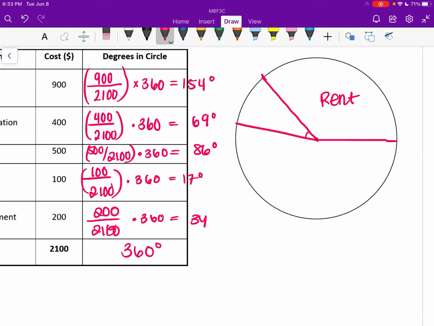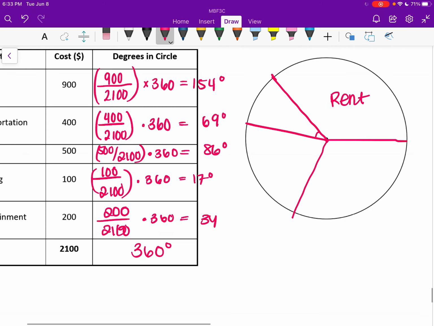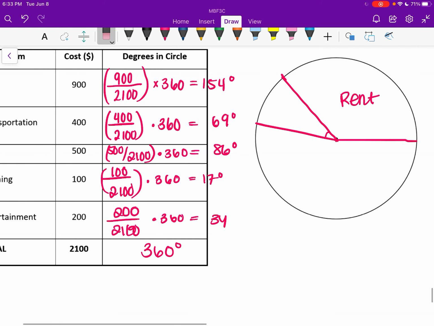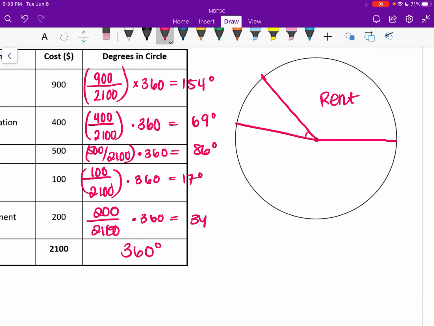That's how I like to measure them out. So that's 69. Then I measure out all over. That's going to be 86. I'm just going to draw this out. 86 degrees. Then I have 17 degrees, right? And then I have 34 degrees.